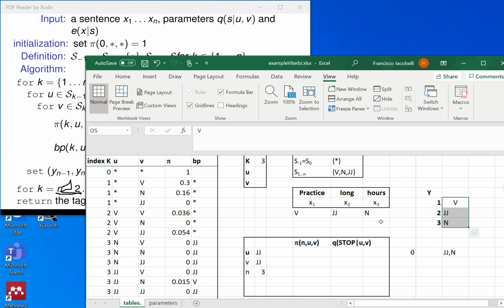That's how we get the sequence of tags using the back pointer and the Viterbi algorithm. In practice, practice is a verb, long is an adjective, and hours is a noun. That is the sequence of tags that results in the most probable tags for this sentence: v, jj, and n. And this is how we work with the Viterbi algorithm.